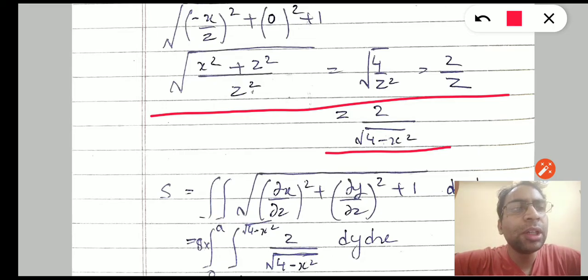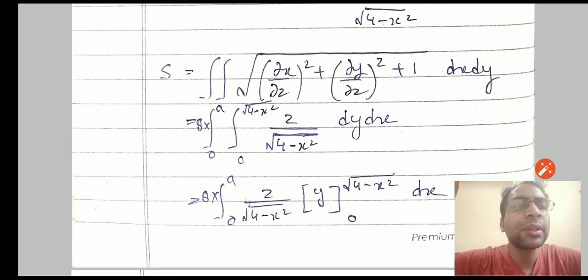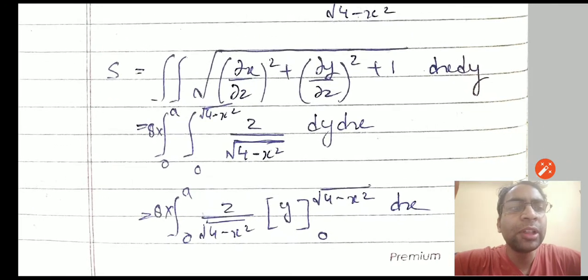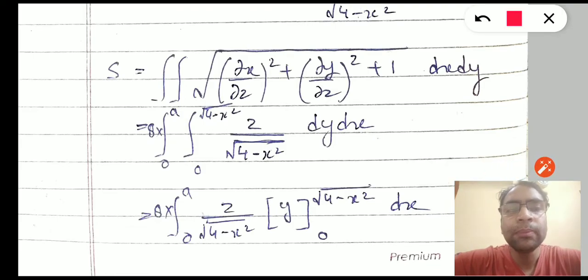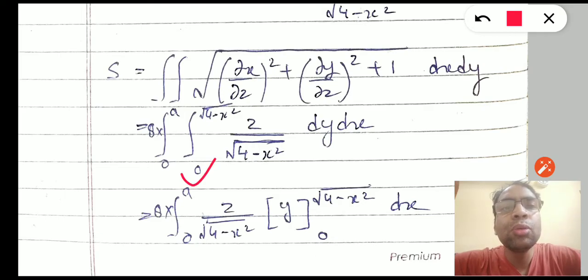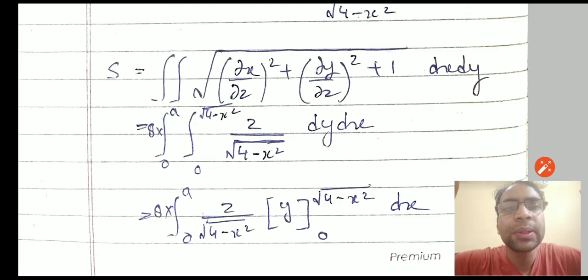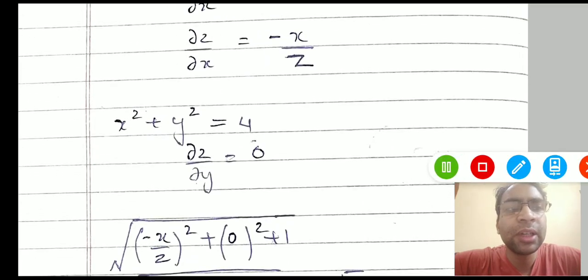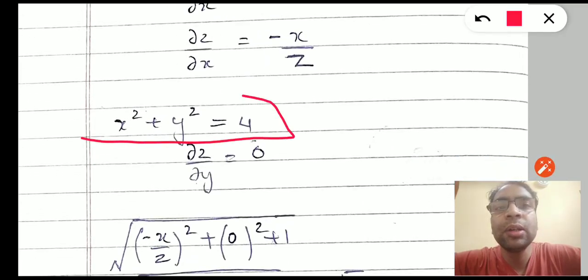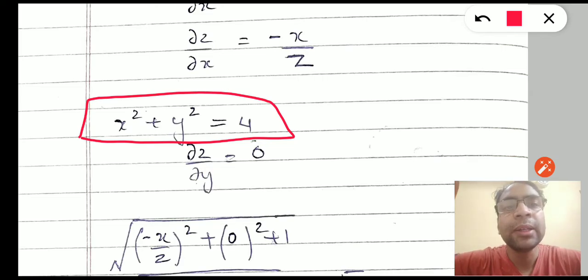Now just substituting this value into the surface equation, one more thing, we need to discuss the limits also. What will be the limits? From the first equation, we are taking the first quadrant, so y will move from 0 to under root 4 minus x square. This can be calculated from the given equation: if we solve this equation for y, we get y is equal to under root 4 minus x square.